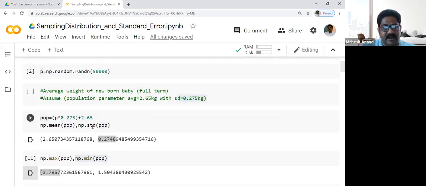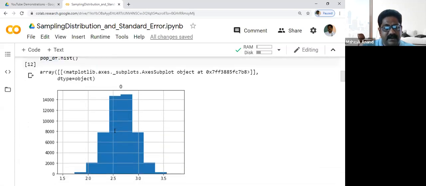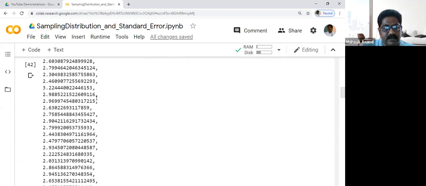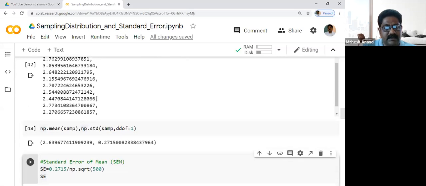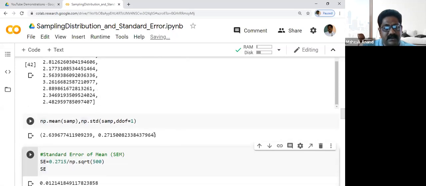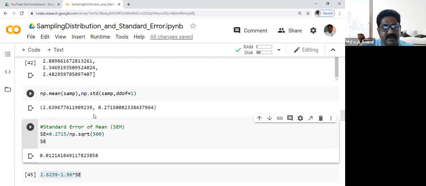After editing the value, I didn't rerun this loop, so I reran that loop. Now this is the actual mean and standard deviation of these 500 samples. So 0.2715 divided by root of 500. This is my standard error.